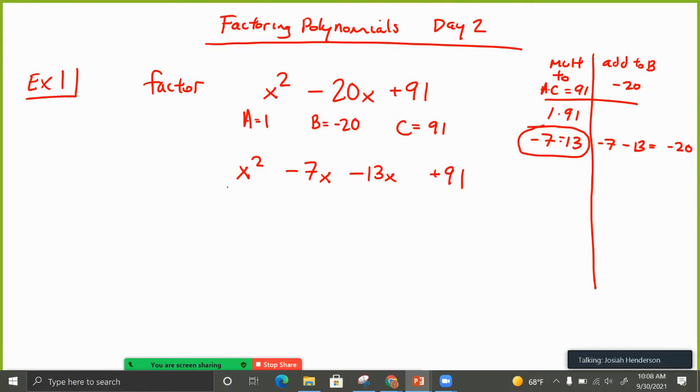Okay, it's pretty much downhill from here, except you might wonder, does it matter if I put the 7 first or the 13 first? Like, does it matter which order I write these? The truth is, it doesn't matter. It should still work either way we write it.